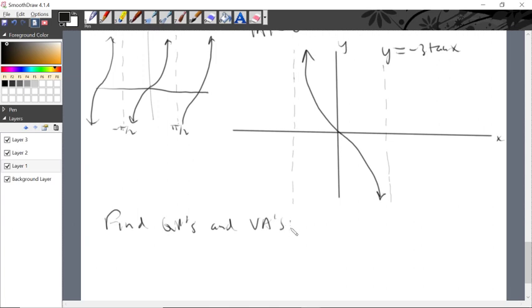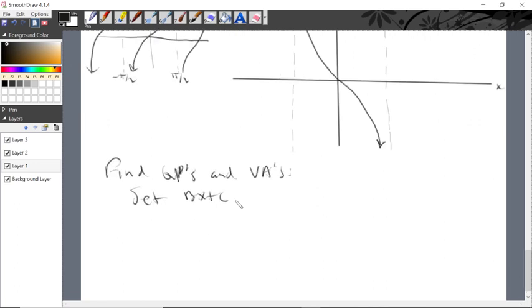And in general, what we can do, and this is going to work for any combination of bx plus c, is set bx plus c equal to the set of values negative pi over 2, negative pi over 4, 0, pi over 4, and pi over 2, and that's going to find the 5 x values that we need. The vertical asymptotes will be whatever value of x we get when we set this equal to negative pi over 2, and whatever value of x we get when we set it equal to pi over 2.